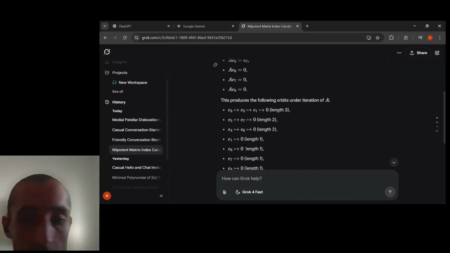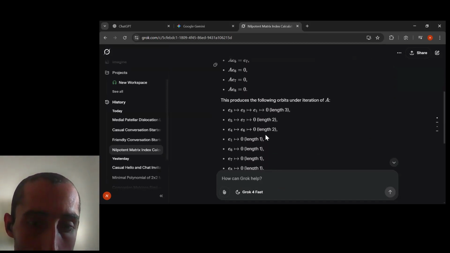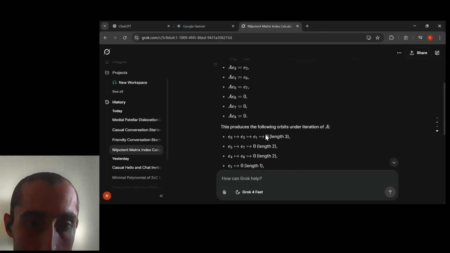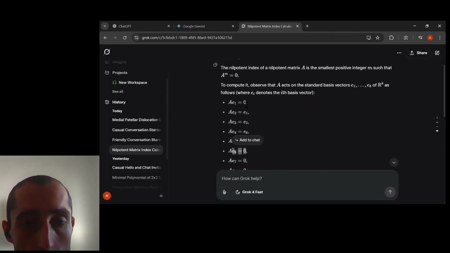Now, when I shift it to E7, I can just go from it to 0, because after I did E7, when I apply A again it will go to 0. When I moved it to E6, it will again go to 0.